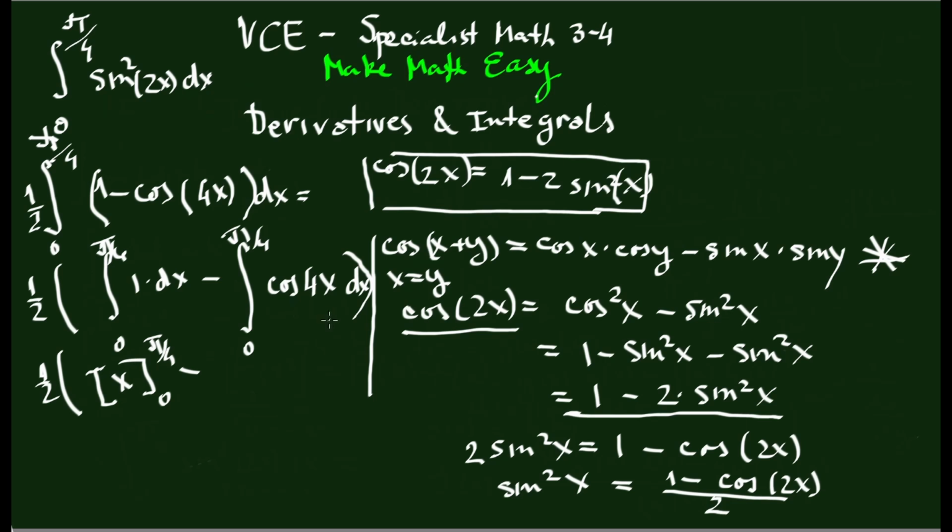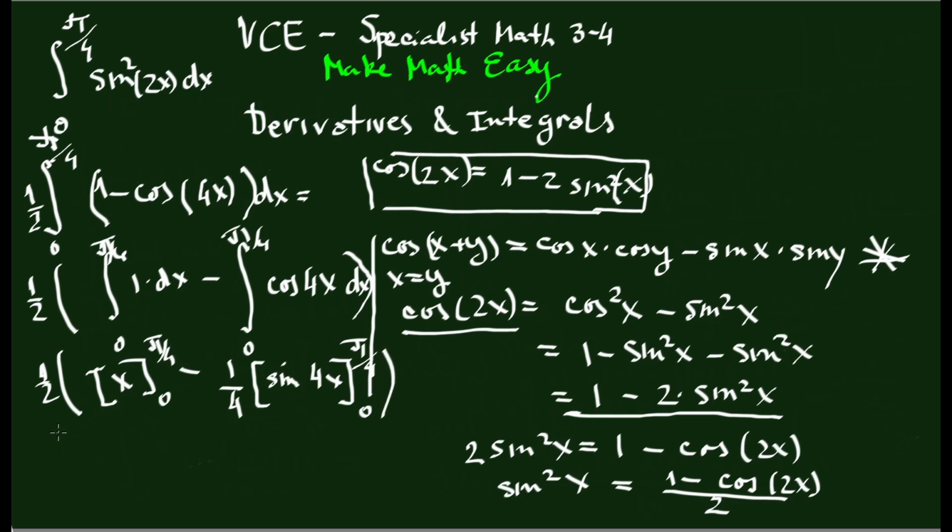And because it's 4x, remember it's 1 over, so it's 1 divided by 4, times sine of 4x from 0 to pi over 4.